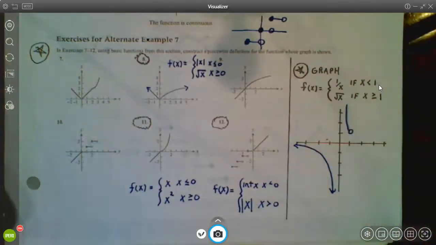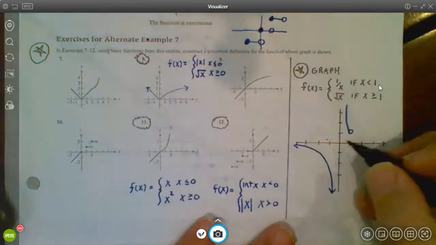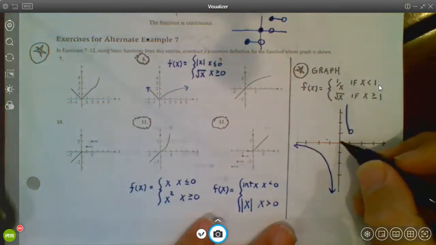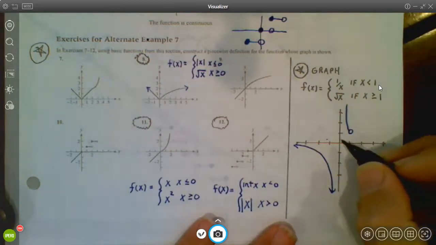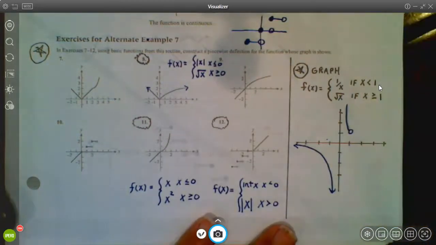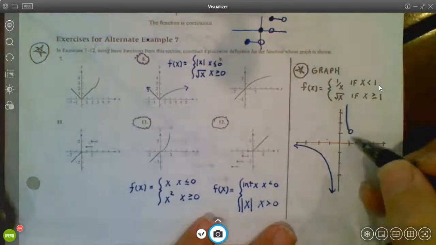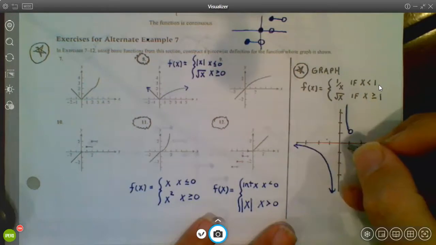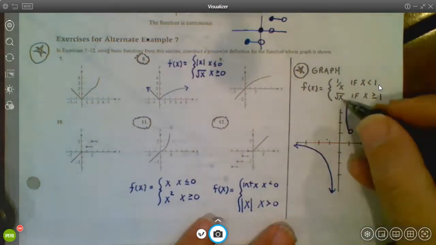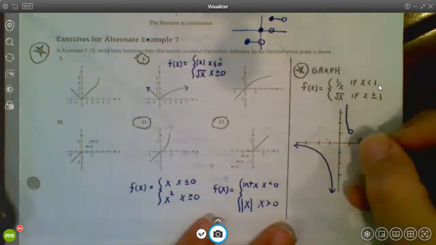Remember the square root of x starts at 0, 0 and does something like this, right? It's the arc that does something like this. But we're only going to keep that portion of the graph that is greater than or equal to 1. And so at 1, 1 is where that graph would begin, right? Because the square root of 1 is 1.